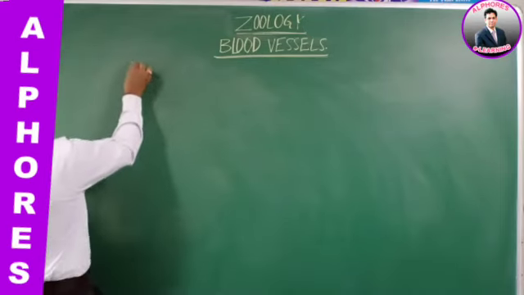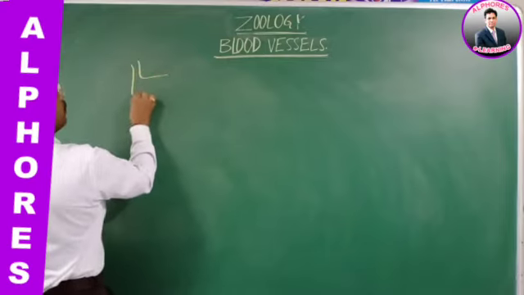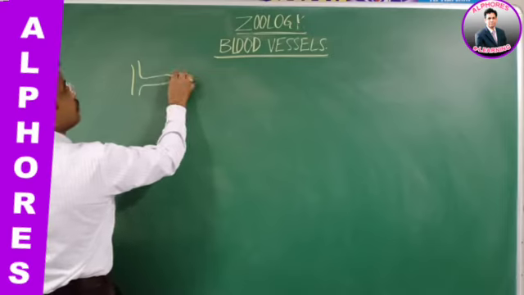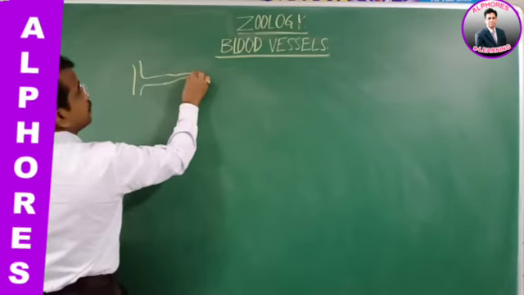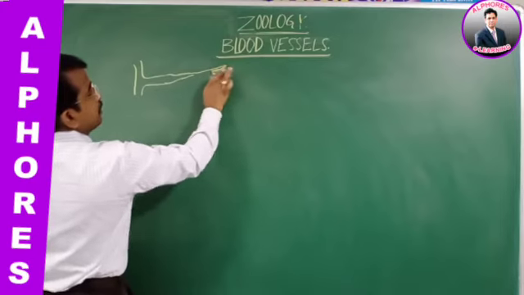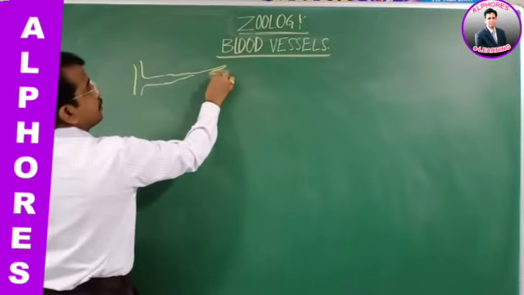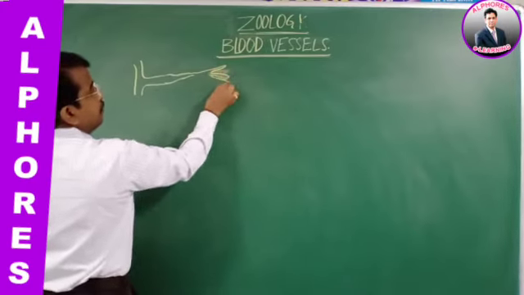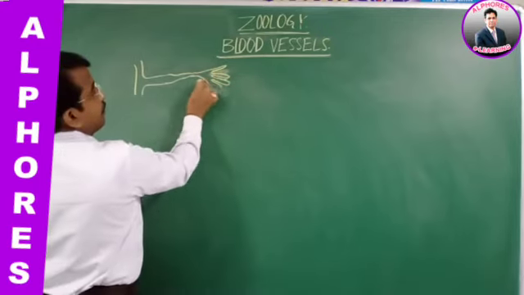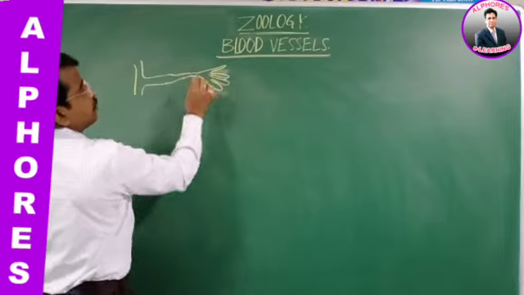Look at here. Suppose this is an artery. An artery is with the arterioles and also with the capillaries. This is the network of the blood vessels.